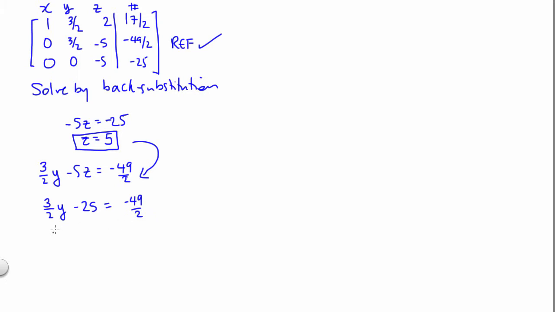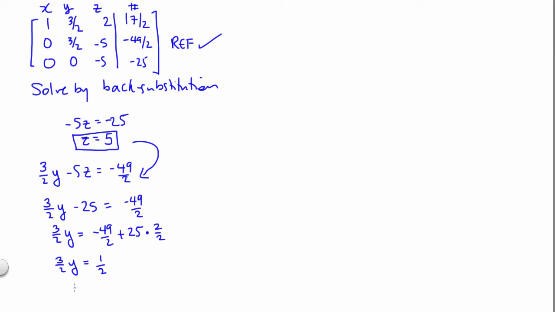All right, so we'll do a little bit of algebra here. 3 halves y is equal to negative 49 halves plus 25. We might want to multiply that 25 here by 2 over 2 just to get a common denominator. So in other words, 3 halves y is equal to 1 half.